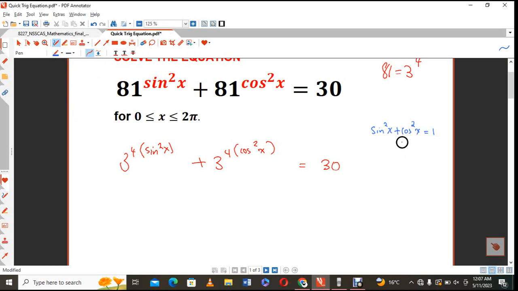And if I was to make sine square of an angle the subject of the formula, it's going to be replaced by 1 minus cos square x. Or if I was to decide to make cos square x the subject of the formula, then it's 1 minus sine square x. So it's totally up to you which one you want to replace.